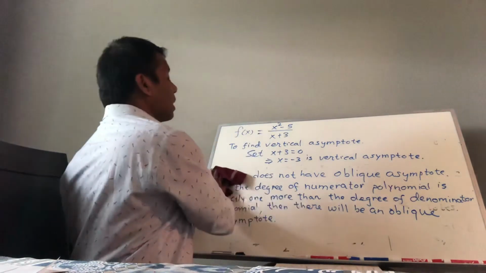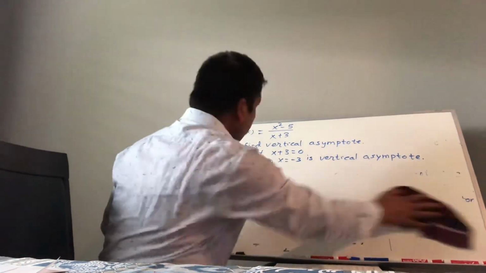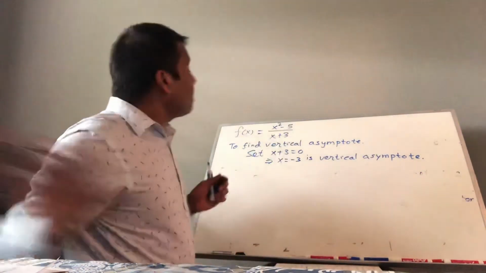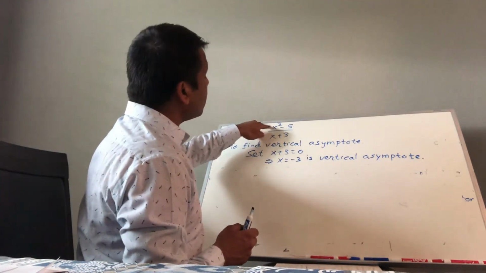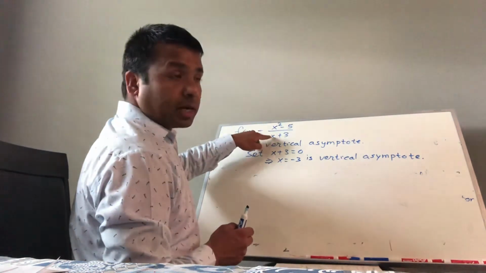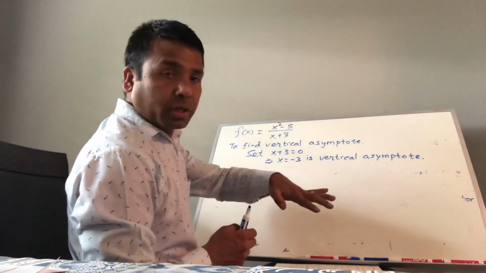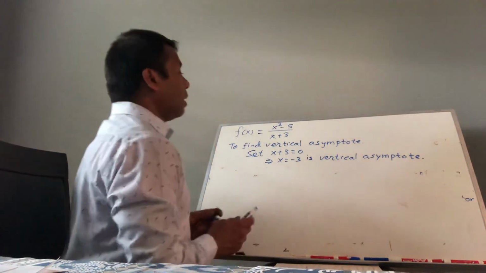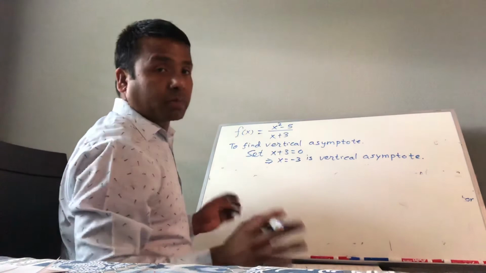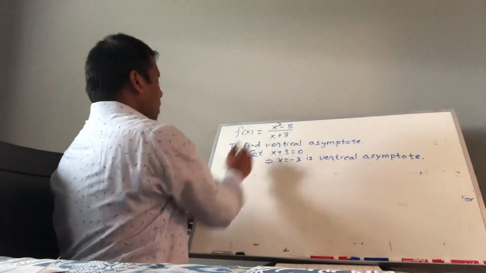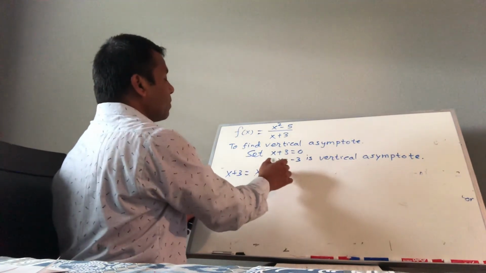So how to find the oblique asymptote? We divide the numerator polynomial x squared minus 5 by the denominator. We find the quotient, and y equals the quotient will be the oblique asymptote. So let's divide x squared minus 5 by x plus 3. We can write x plus 3 as x minus negative 3.